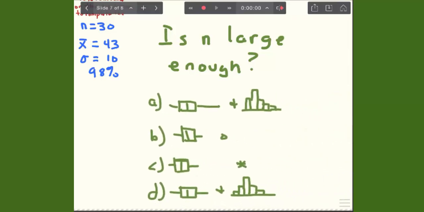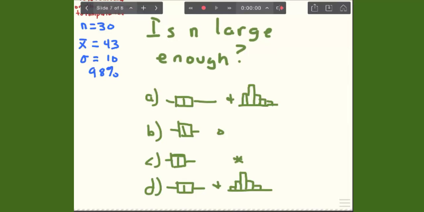So what you should do, you have those 30 values, make some graphs. So let's say here are some different options. Remember, our n is 30. So my first set of graphs there, A, is 30 large enough? And the answer is yes. There aren't any outliers.